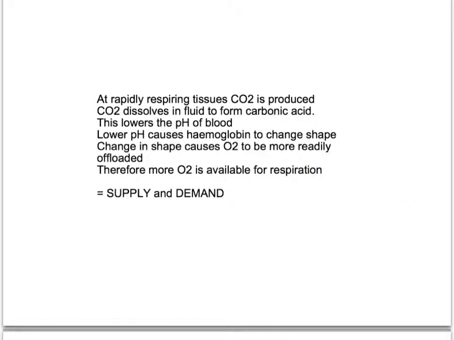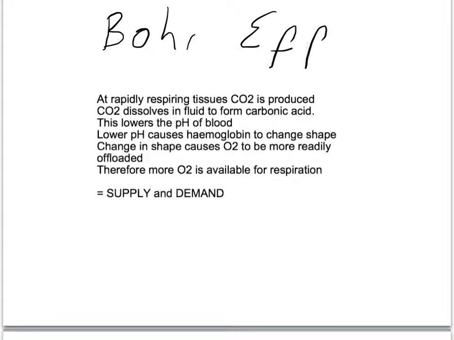Now, the final thing that we need to talk about is this thing here called the Bohr Effect. Now, just let me talk you through these points here. In rapidly respiring tissues, carbon dioxide is produced. Carbon dioxide dissolves in fluids, so in blood and the plasma, tissue fluid, to form something called carbonic acid.